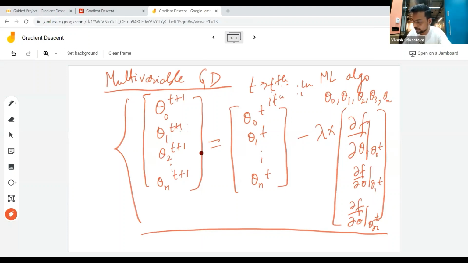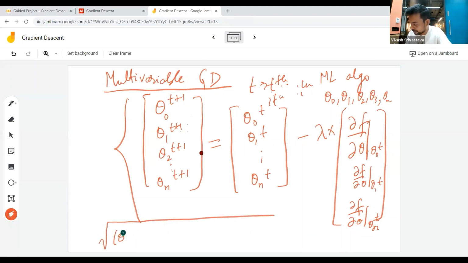In this case, we'll have the root of the sum of the squares of theta naught t plus 1 minus theta naught t, and so on, and this value should be less than epsilon.